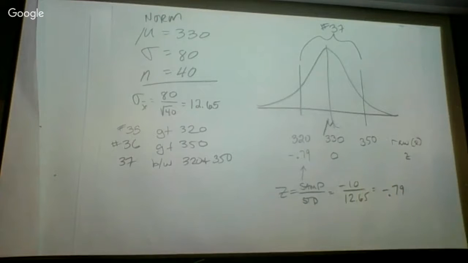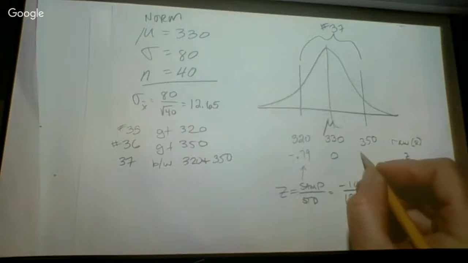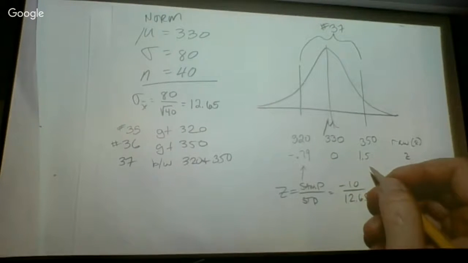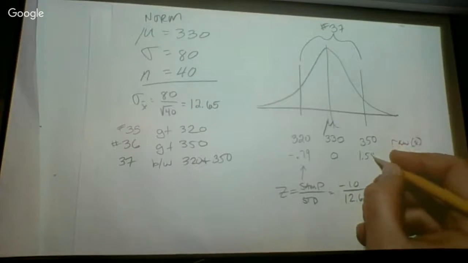And for this one, it's 20 divided by 12.65, which gives me something on the order of 1.58.